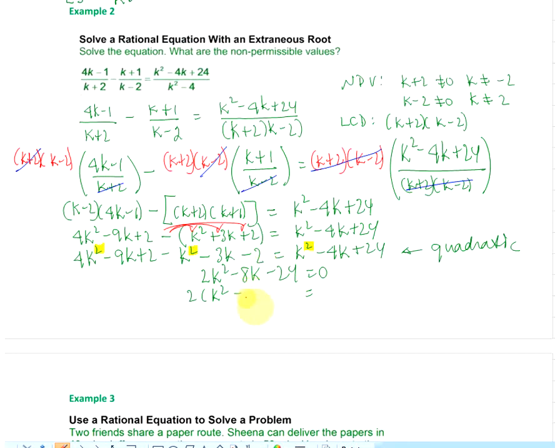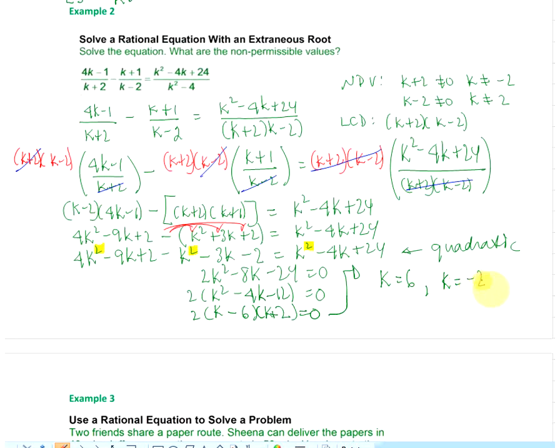So we get k squared minus 4k minus 12. And then we can factor our trinomial. The factors of 12 that will give us 4 are 6 and 2. Make the 6 negative, the 2 positive. And so we get that k is equal to 6 and k is equal to negative 2.